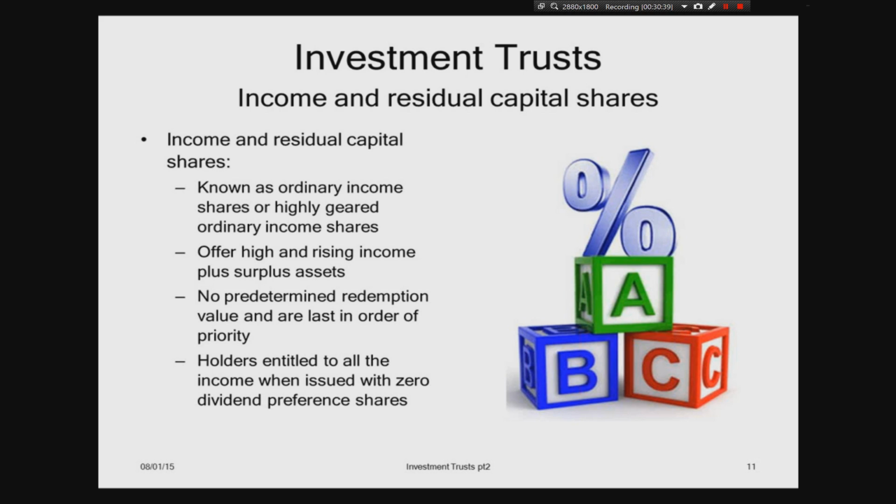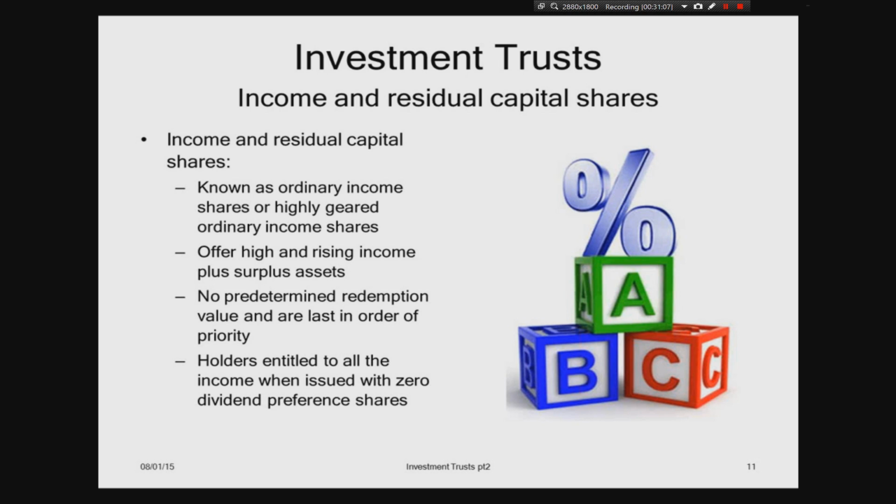If the split capital investment trust issues a combination of income and residual capital shares and zero dividend preference shares, holders of the ordinary income shares are entitled to all the income generated by the trust, while the residual capital shareholders have to wait and see whether or not their share has been worth holding on to.